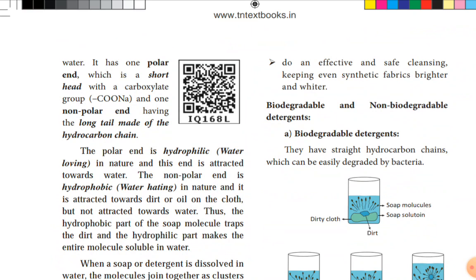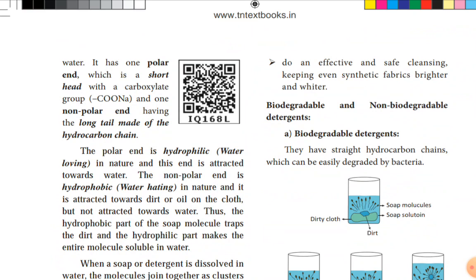Second point, what are the two different parts? First part, it has one polar end, which is a short head with a carboxylate group, COONa. What is in the short head?